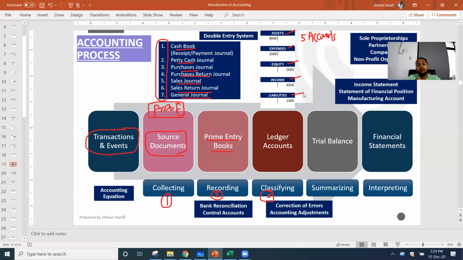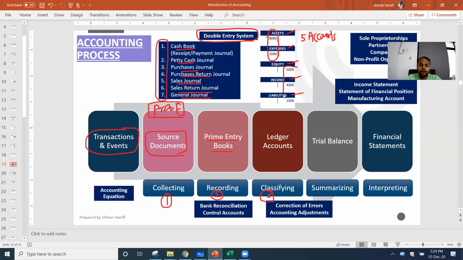How are we recording the transaction? How are we classifying the transactions in these ledger accounts? We use the double entry system. What is the double entry system? Debit and credit. Assets and expenses will have a debit balance.